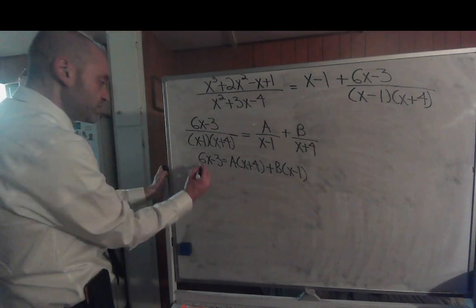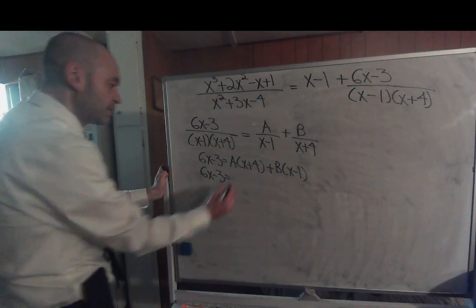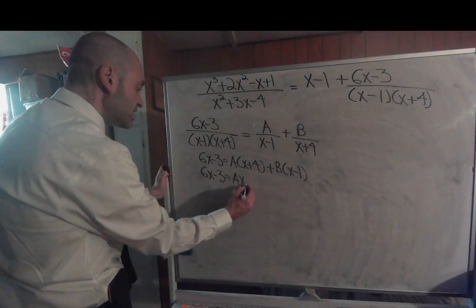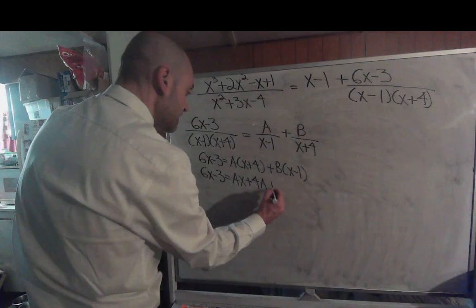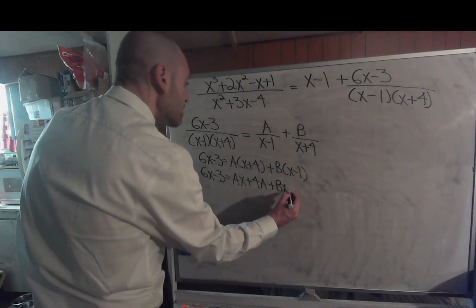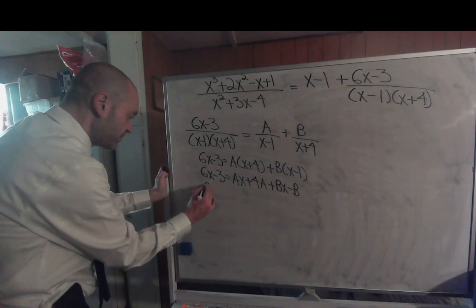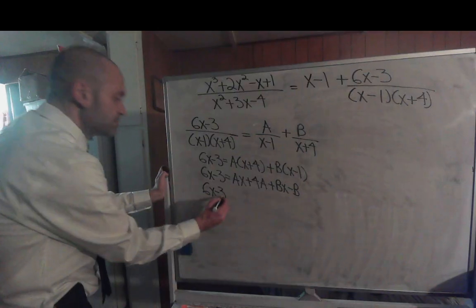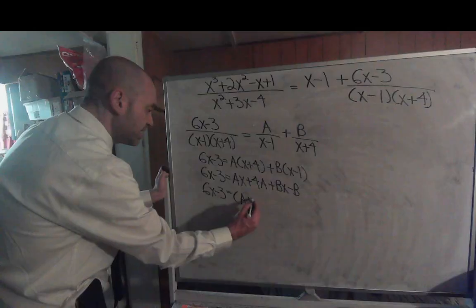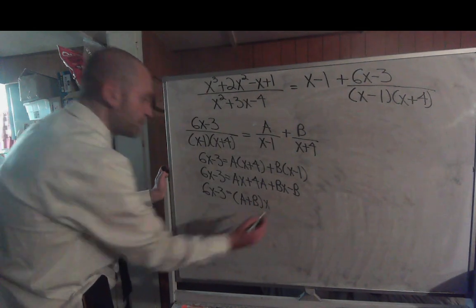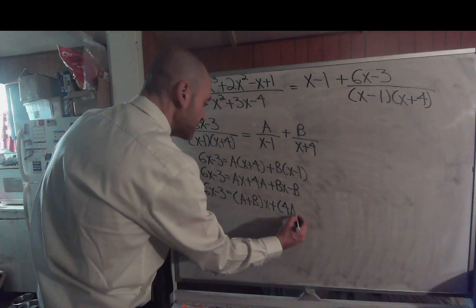Go ahead, do your distribution on the right hand side, so 6x minus 3 equals ax plus 4a plus bx minus b. Group your like terms together. In fact, we'll even do the factoring step. So 6x minus 3 would equal a plus b times x plus that 4a minus b.